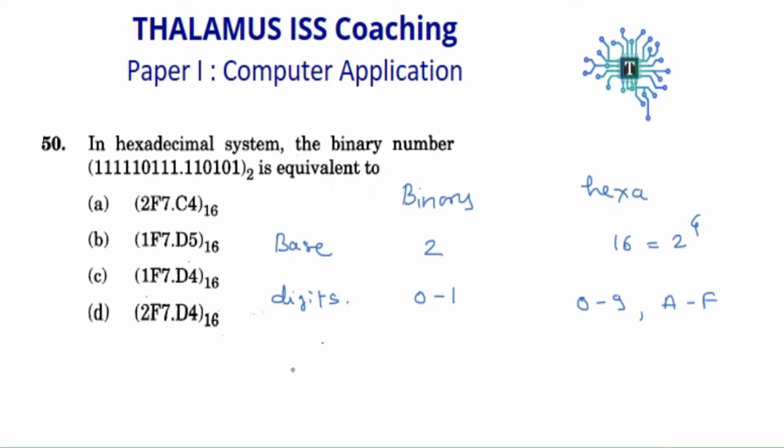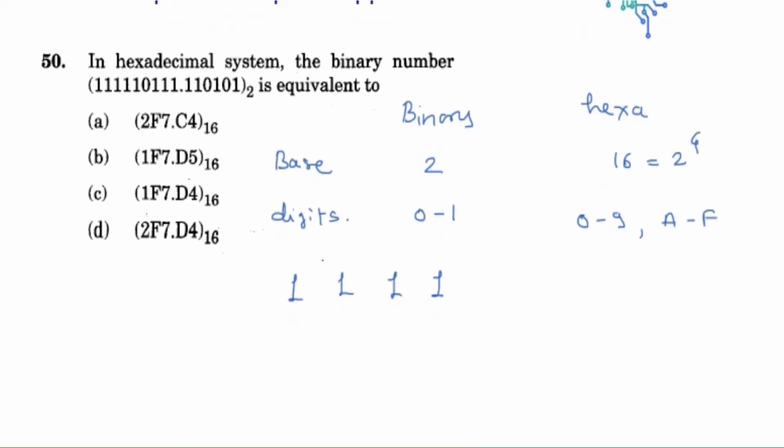To make it more clear, let's say we have defined one number 1 1 1 1. So these are the 4 binary digits. What is the value of this number?